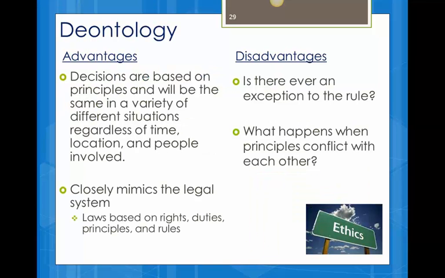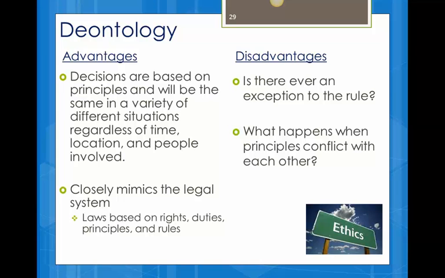Some of the advantages of deontology are that, just like the slide says, they're based on principles and will be the same in a variety of different situations regardless of the time, location, and people involved. Okay? They do closely mimic the legal system, so laws are based on rights, duties, principles, and rules. Most decisions err on the side of safety, and like I said, they could be considered universal law.